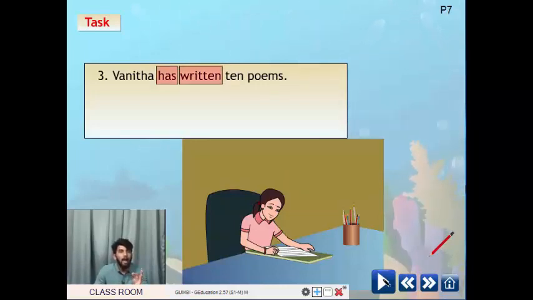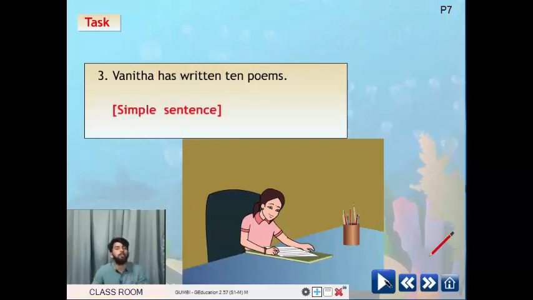So Vanita has written 10 poems is again a simple sentence. Vanita is the one subject, has written the one verb, and 10 poems. So it is again a simple sentence.